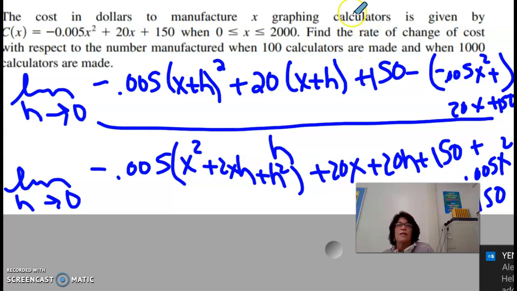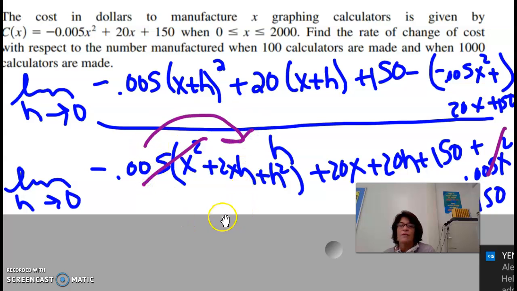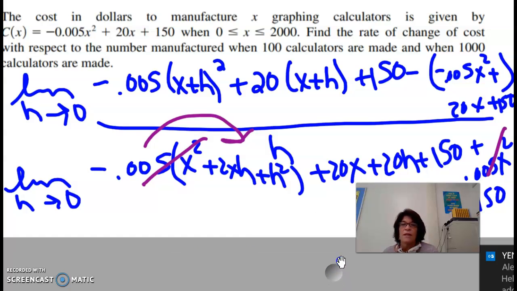That's all over h, but I'm not going to write that yet, okay? The negative 0.005x squared and the positive 0.005x squared will go away. Of course, I have to take negative 0.005 times 2xh to get that.